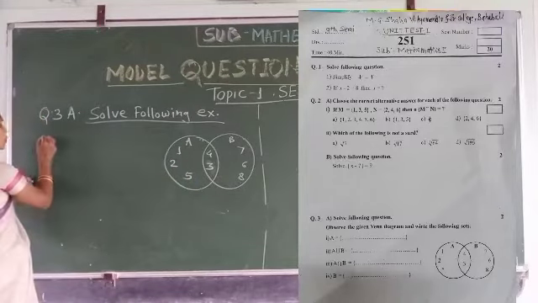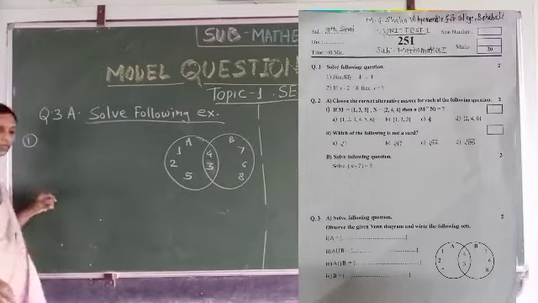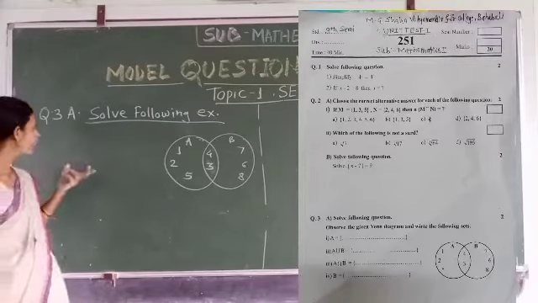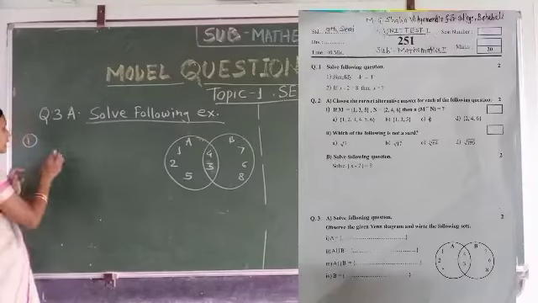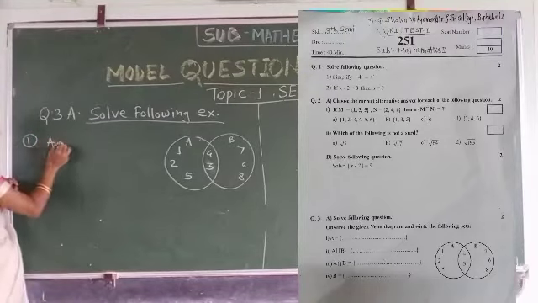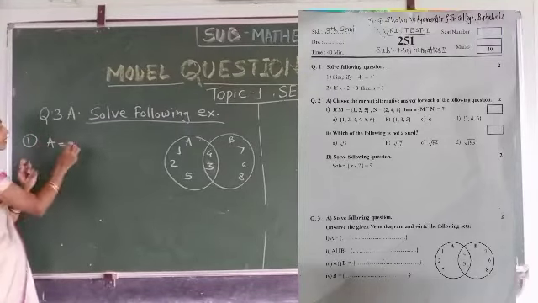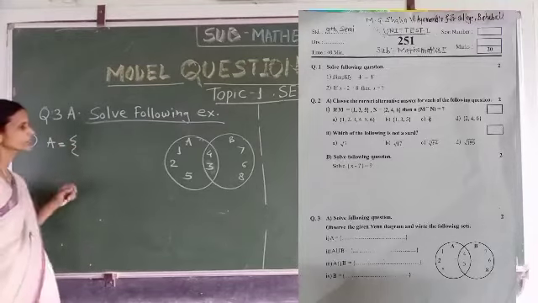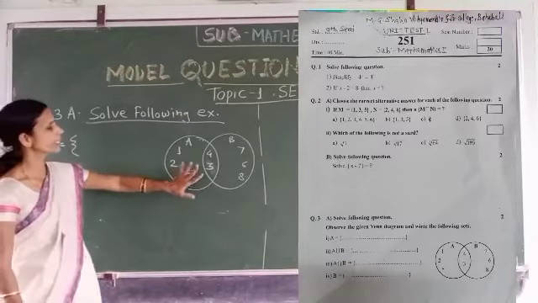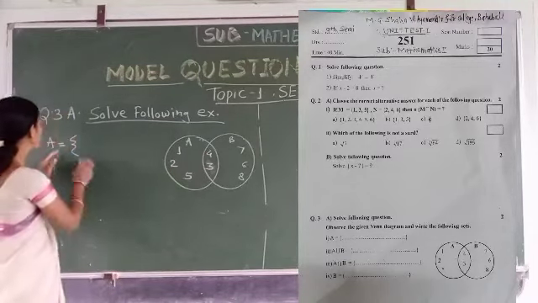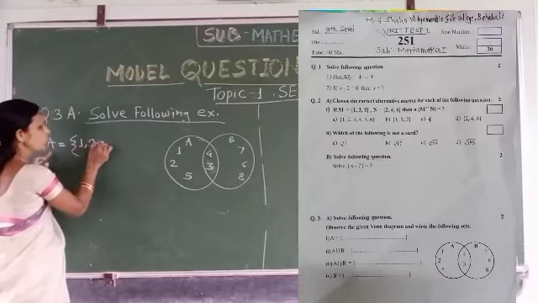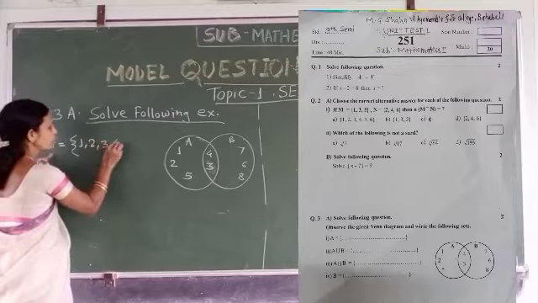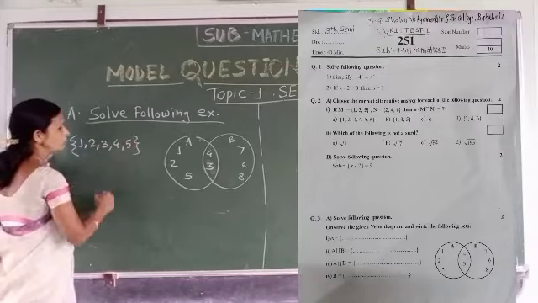We have to find out the answers of the given examples. First, we have to find out the members of set A. Observe that Venn diagram and we can find the members of set A, that is 1, 2, 3, 4 and 5.